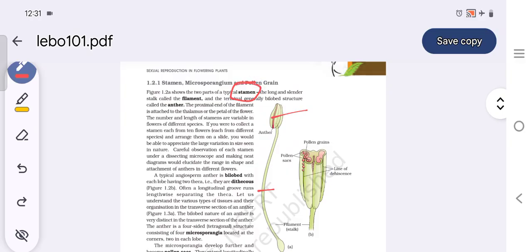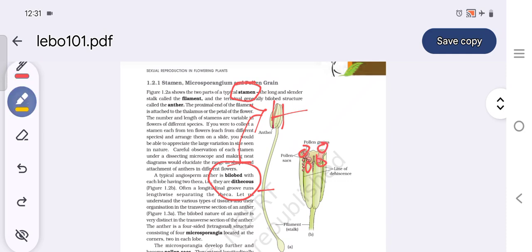Now, what are the important words that describe a stamen? It is bilobed. That is, this anther is bilobed. You can see two lobes there, one and two behind, and each one of those is dithecous.